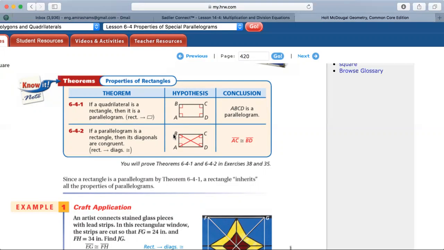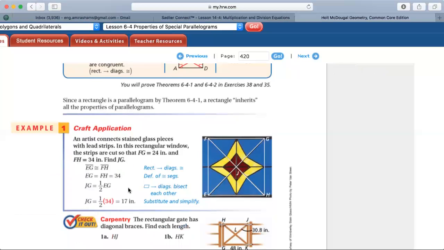AC is equal to BD. Since a rectangle is a parallelogram, by theorem 6-4-1, a rectangle inherits all the properties of the parallelogram. Okay, let's see here the first example.